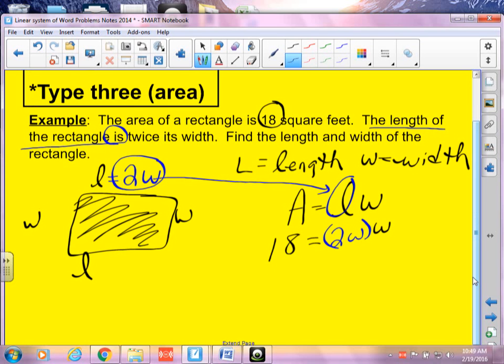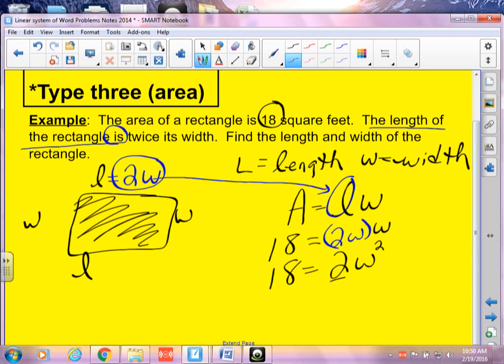I wouldn't put a dot, I put parentheses. Okay, so 18 equals 2W squared, because area is squared. W times W is W squared. It's not 2W. Okay? So now, don't be wigged out by this.